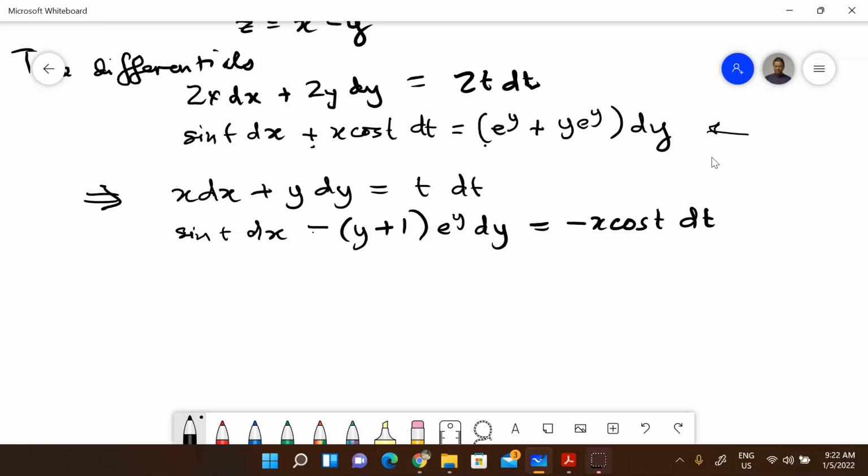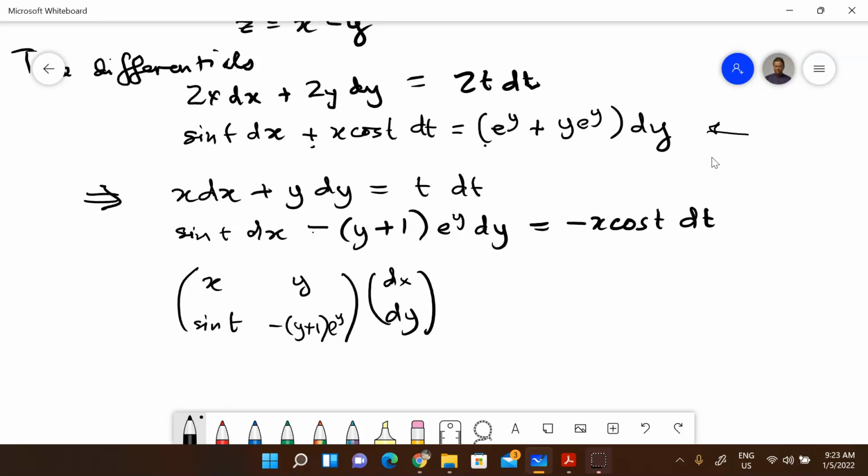So I have dx dy here, and then the matrix multiplying is x and y, and then I have sine t, minus (y plus 1) e to the y, and then this gives you t minus x cos t dt.